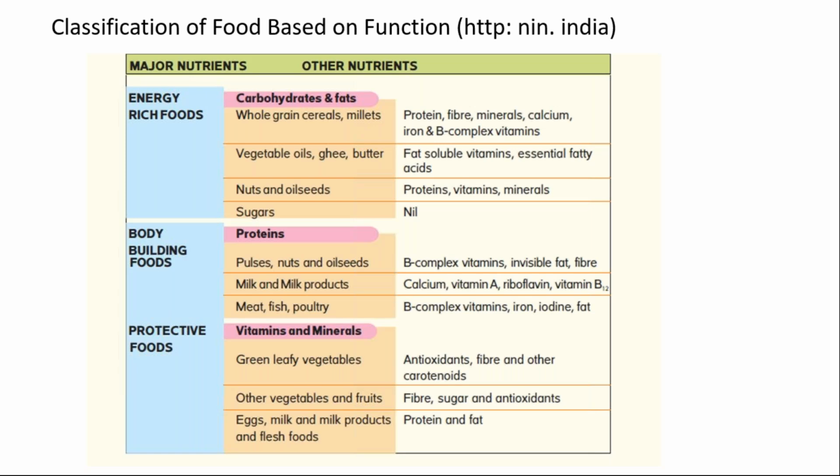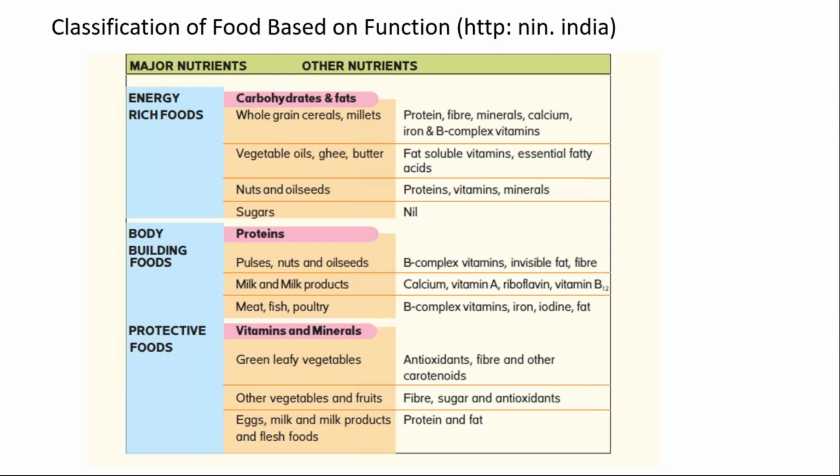Bodybuilding foods are foods that have plenty of protein, that is the pulses, nuts, oil seeds, milk, meat, fish. And then you have the protective foods which give you immunoprotection and protect your body against diseases. Those are the green leafy vegetables, fresh vegetables and fruits, eggs, milk, and milk products.